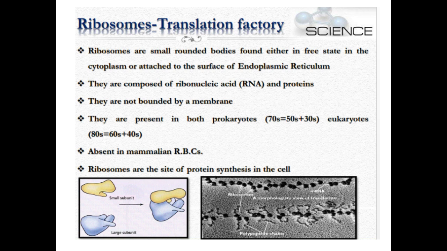Transcription is the process of converting DNA into RNA, and the process of converting RNA into protein is called translation. This translation process happens in the ribosomes. So only ribosomes are called the translation factory.